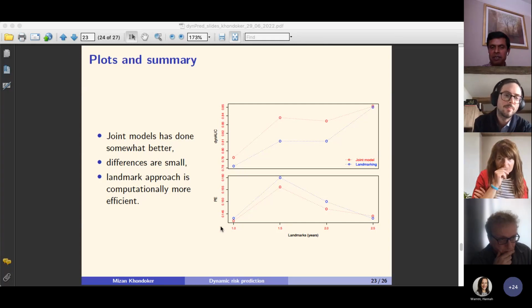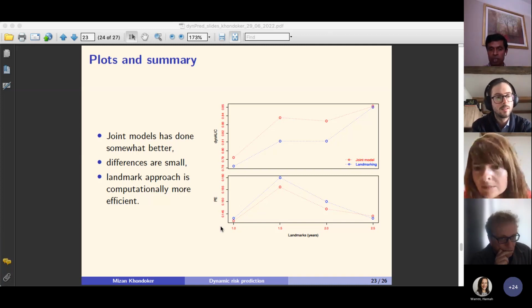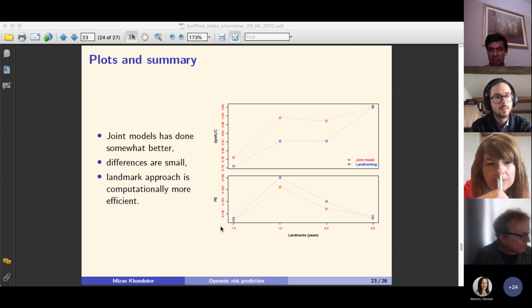Yes, this is what is done in machine learning actually, but optimism correction is a slightly different concept. So if you fit the model on a bootstrap sample and make the prediction on the bootstrap sample as well, it will be optimistic because you are using the same data, right?